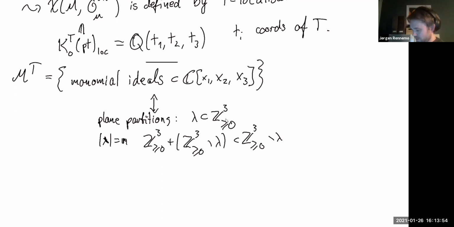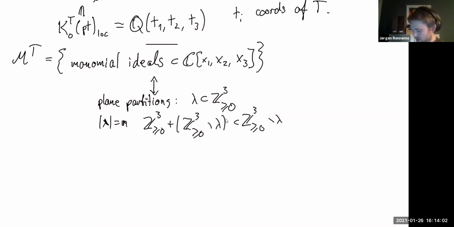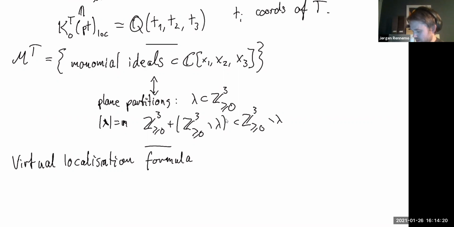Okay, so now we know exactly what the fixed point locus is. So what do we now do when we try and apply localization? We have the virtual localization formula. There are various versions of this, but this version is Fontanini and Kapranov.